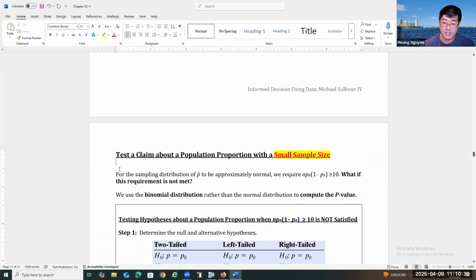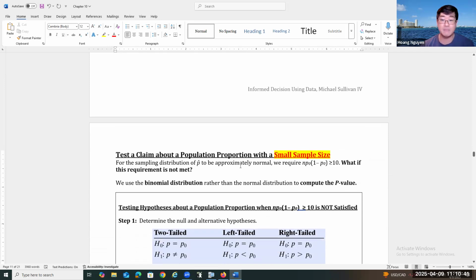For the sampling distribution of p-hat to be approximately normal, we require that n times p0 times 1 minus p0 be greater than or equal to 10. What if this requirement is not met?